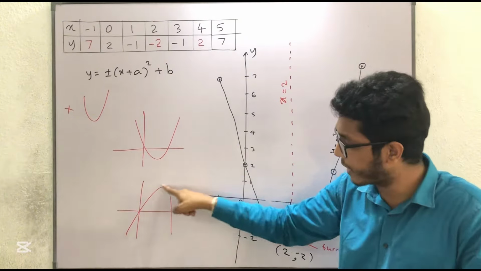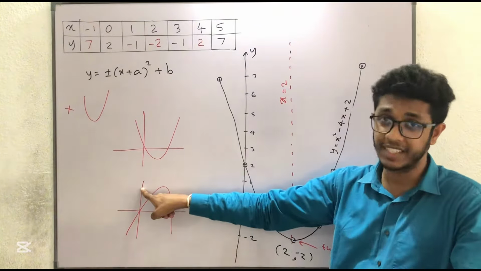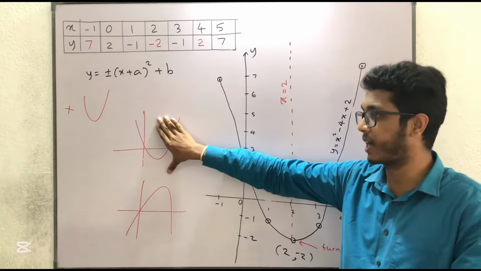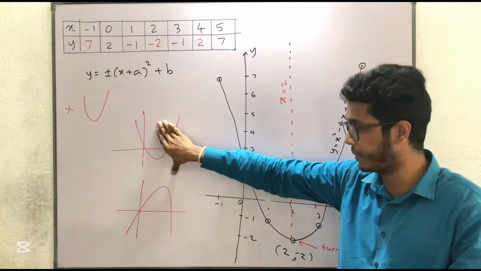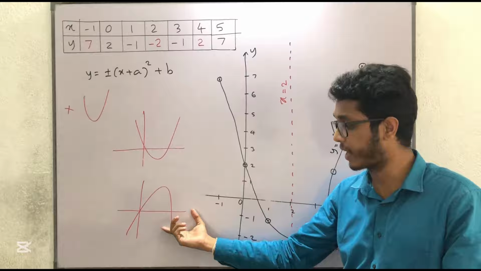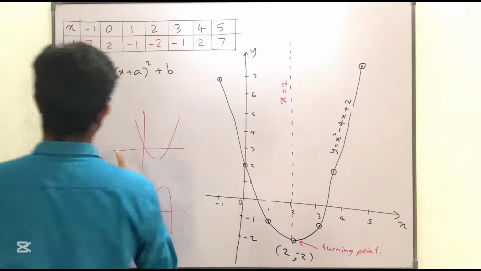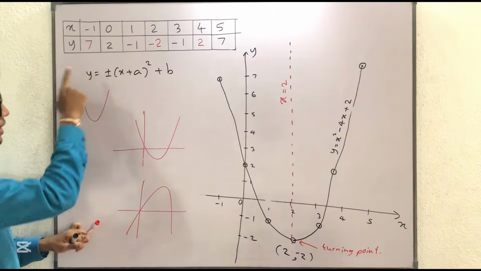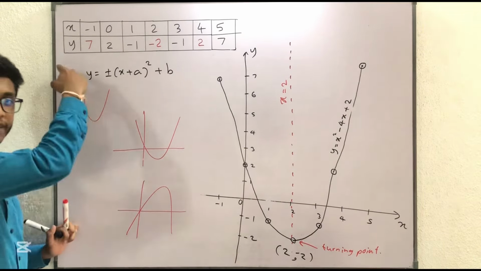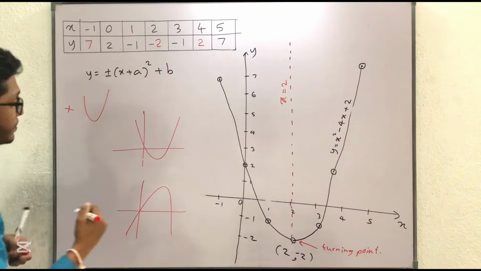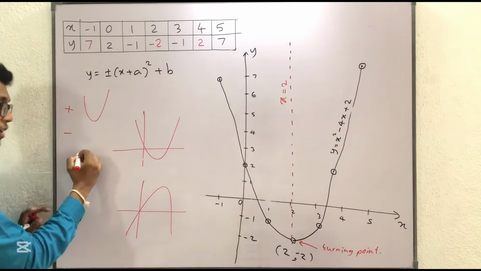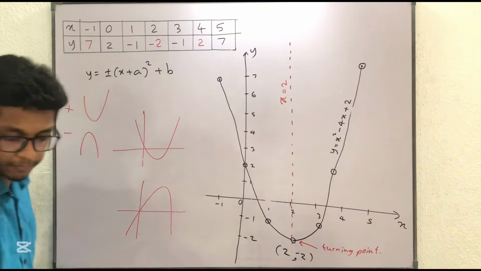In these other graphs, the y value has a maximum value. So we put plus in this plus or minus position if we have a graph with a minimum value, and minus if we have a graph with a maximum value.